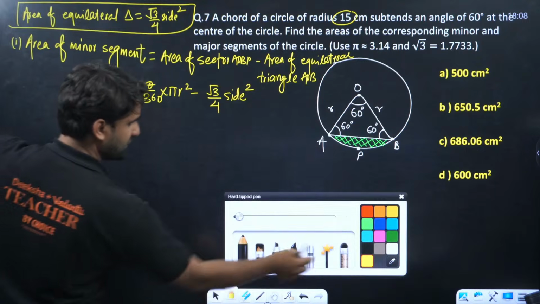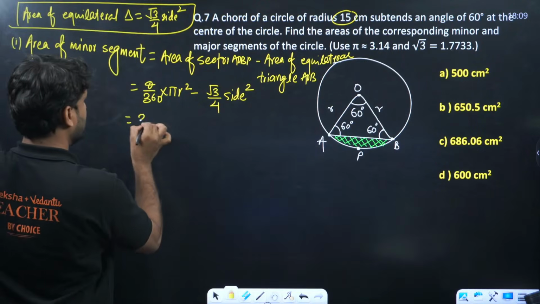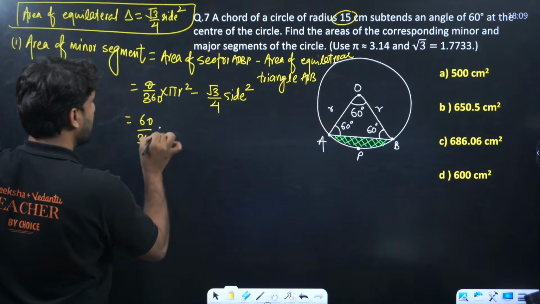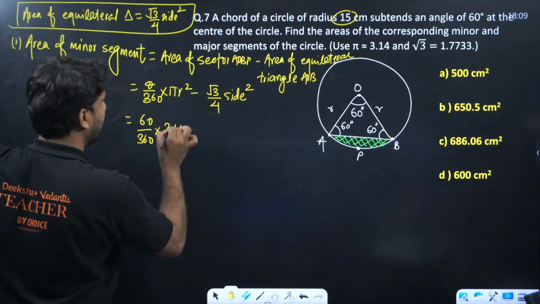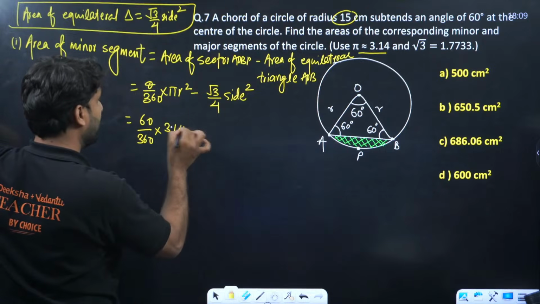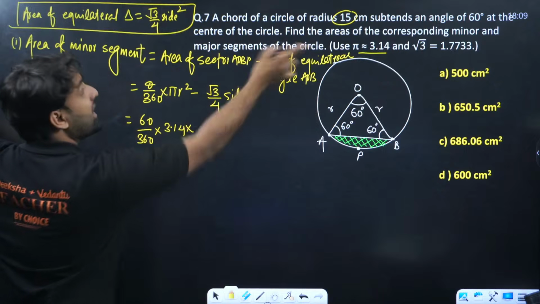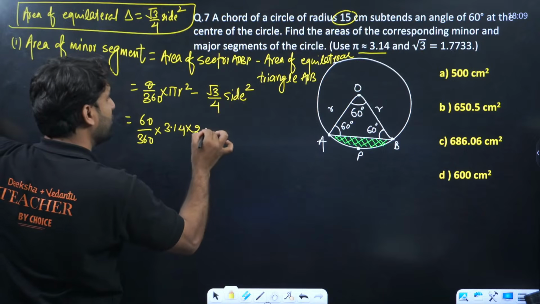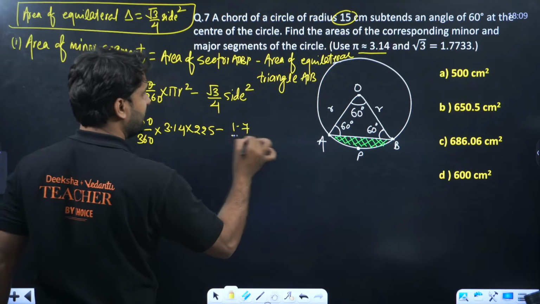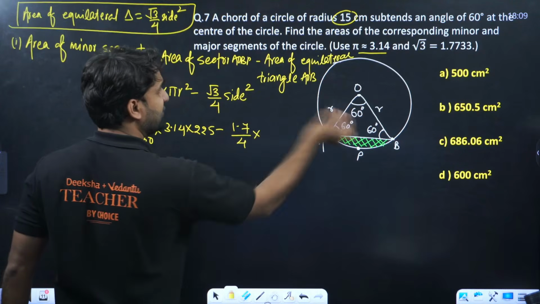Put the values. So this is 60 divided by 360, pi we have 3.14 because it is strictly instructed there, 3.14 into r square. R square means 15 square is equal to 225 minus root 3, 1.7 divided by 4, and side square, side is what?